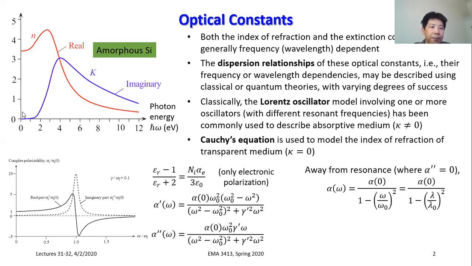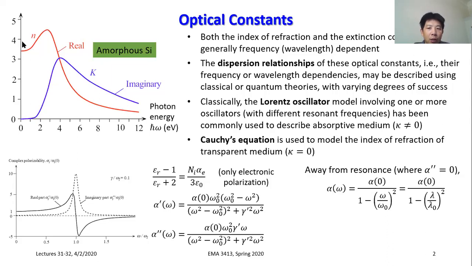And also on this side, very far away from resonance. So let's say the photon energy is very low. Last time we also talked about how this imaginary part, the extinction coefficient, scales with the absorption coefficient. There's a relationship between the absorption coefficient alpha and this imaginary part. So in this range, when k or kappa is 0, the absorption coefficient is also 0. That means this material is transparent.